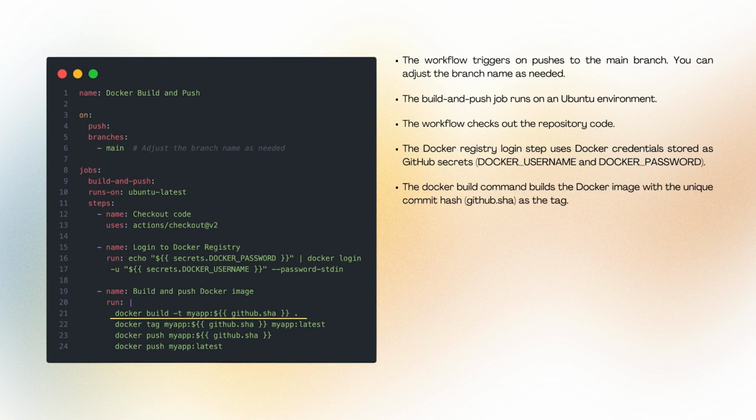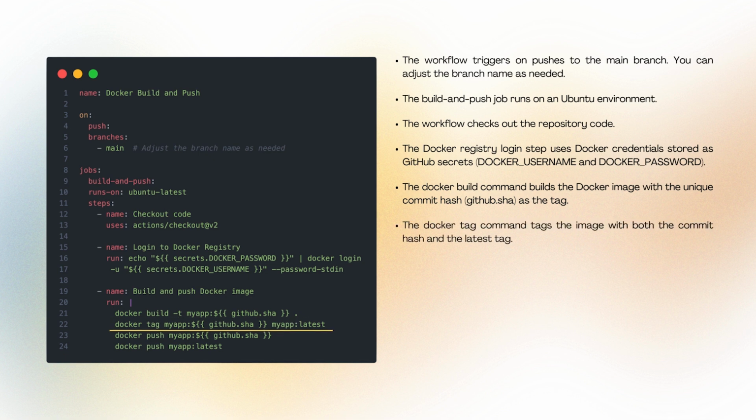The Docker build commands build the Docker image with the unique commit hash, which is stated as github.sha as the tag. The Docker tag command tags the image with both the commit hash and the latest tag. We then have the Docker push command that pushes the built image to the Docker registry.